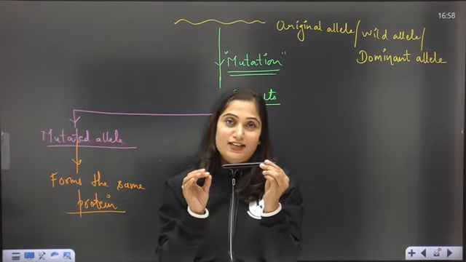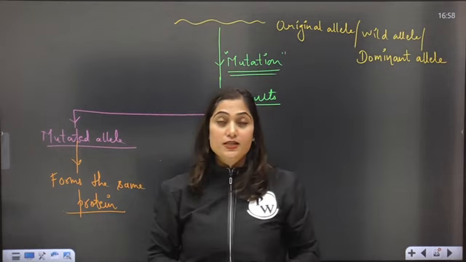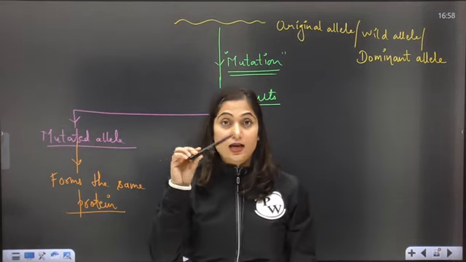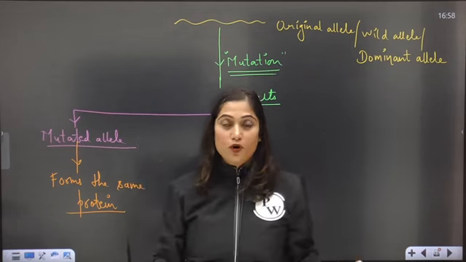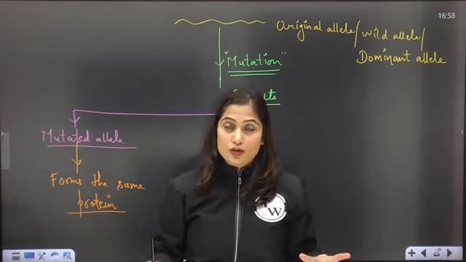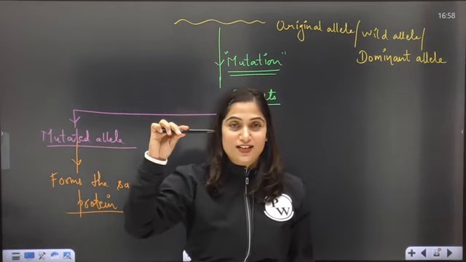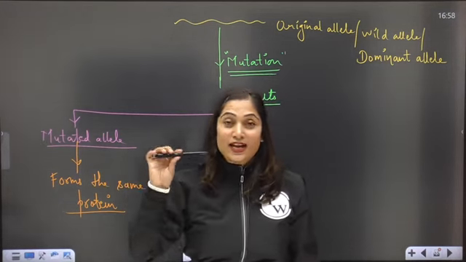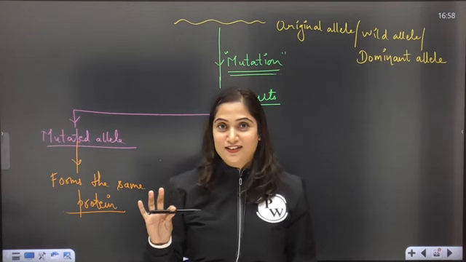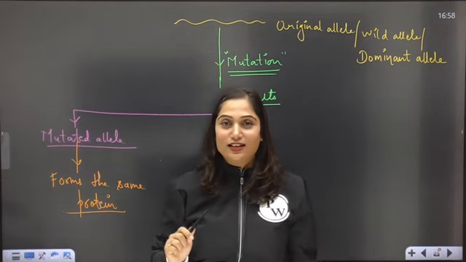Then again, it is a recessive allele. Means if the mutated allele either does not form any protein or forms a non-functional protein, then this mutated allele is the recessive allele. And this recessive allele is generally the mutated allele.